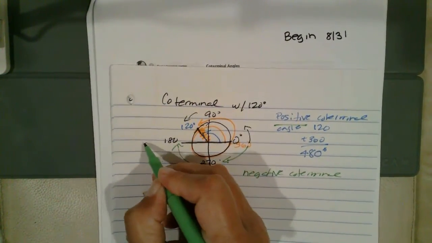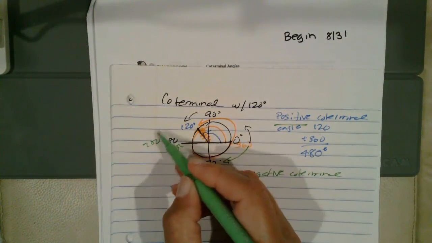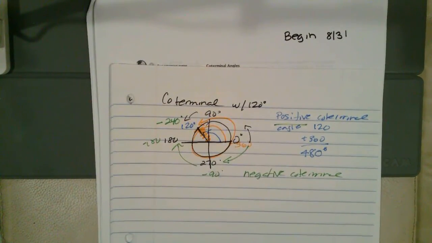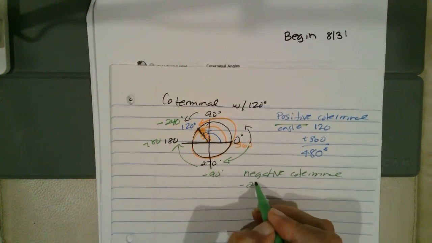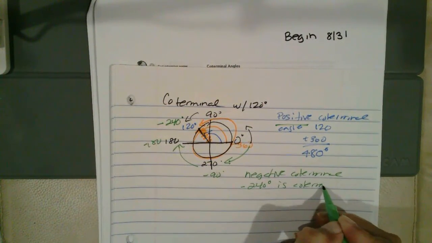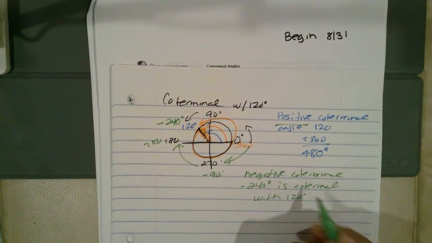Halfway around would be negative 180. And then I know that that's another 60 degrees above that, so it would be at negative 240. So negative 240 is coterminal with positive 120.